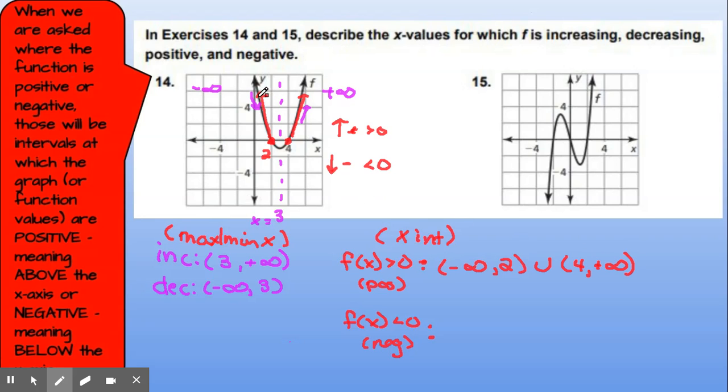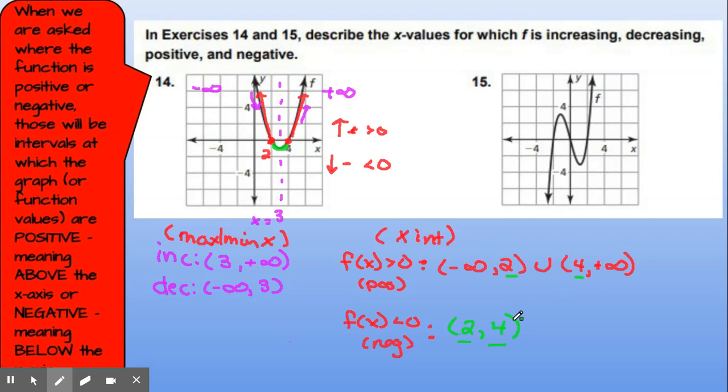Those were the 2 points at which my graph was above the line. Okay, if I change the color real quick to help us see, it's underneath over here. Well, it's underneath between 2 and 4. So my function is negative from 2 to 4. Again, we're always writing our x values down.